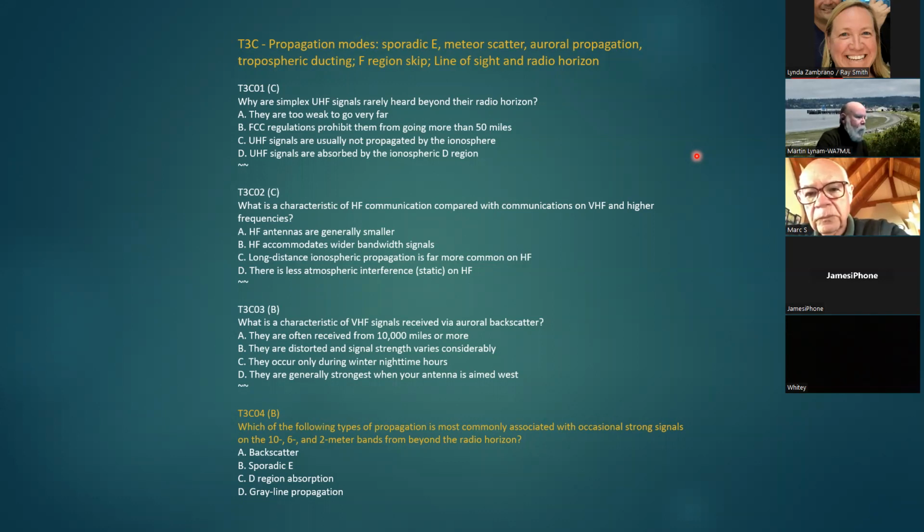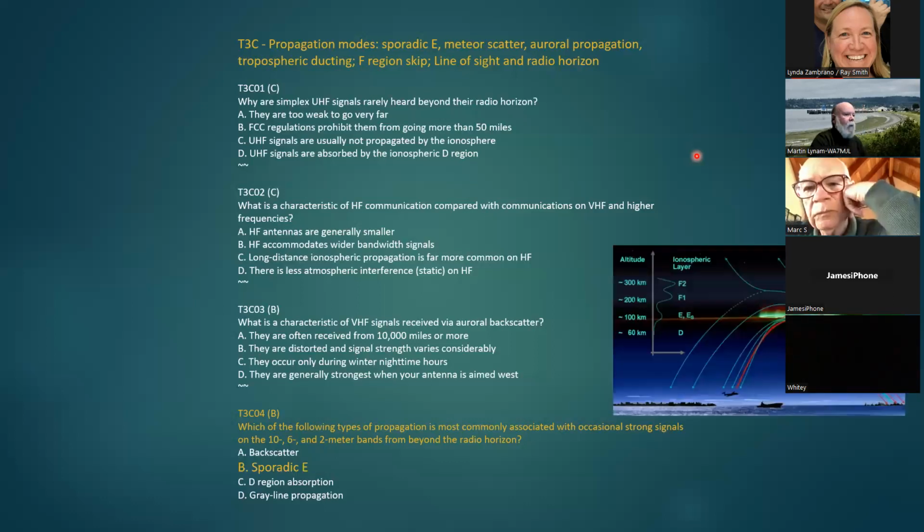Again, it's a propagation mode that's not seen very commonly, but it's called sporadic E because at VHF frequencies, it's oftentimes possible, if the conditions are proper, to actually reflect signals off of the E layer in the ionosphere.